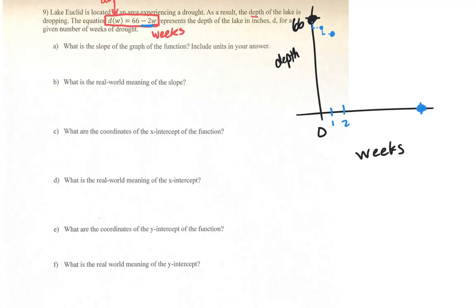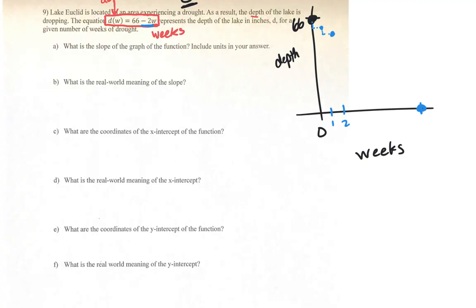So how many weeks would it take for the lake to dry up? Well, you're smart people. You could probably figure it out without actually writing down math. All right, I want the lake to dry up. Well, it started at 66 and it decreases by 2 each week. So you probably just took 66 and divided it by 2.